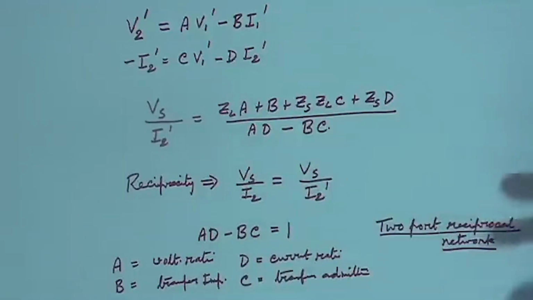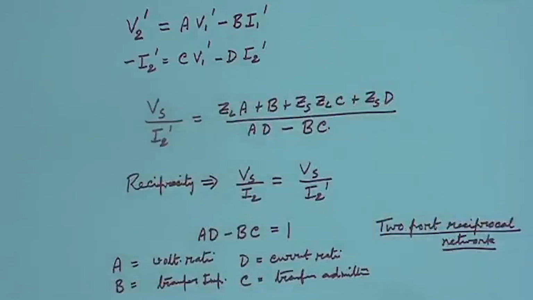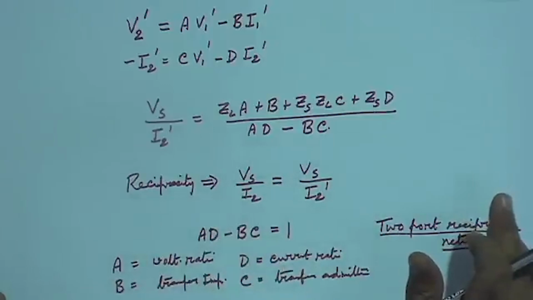So, I need to search for parameters which will characterize the network, but which will also take the specifications of the filter from me. First, we will ask: instead of this voltage ratio, current ratio, can we have some impedance description of this network?